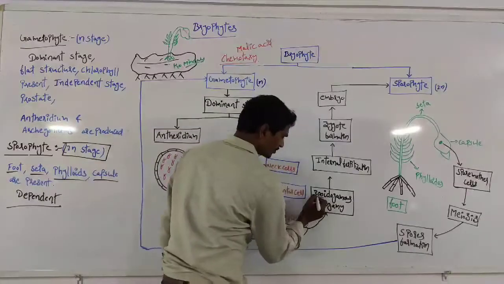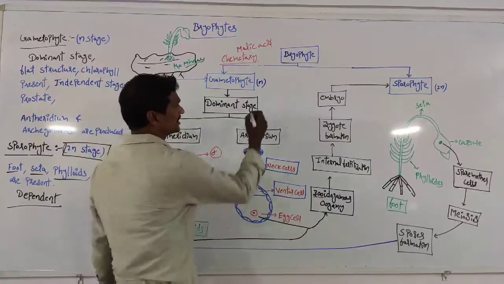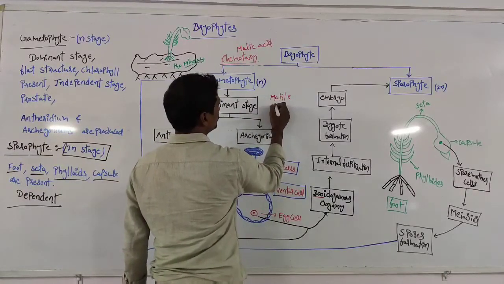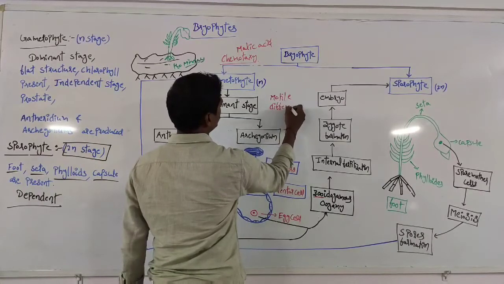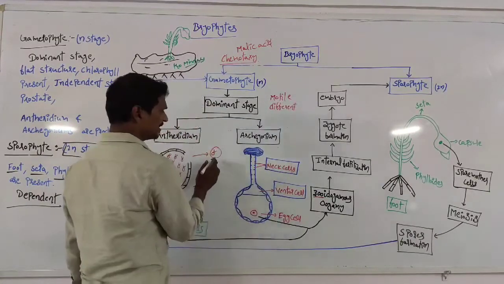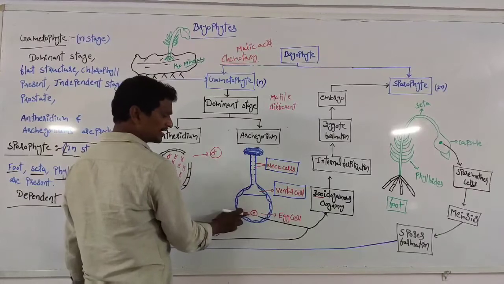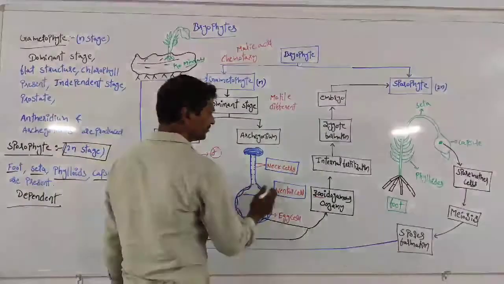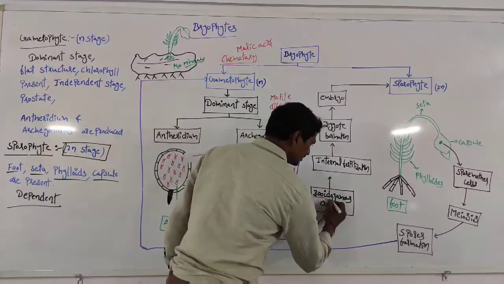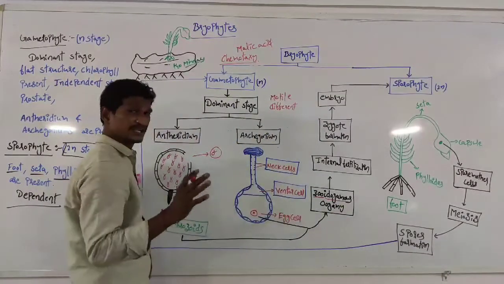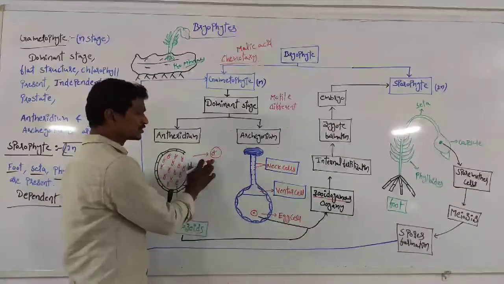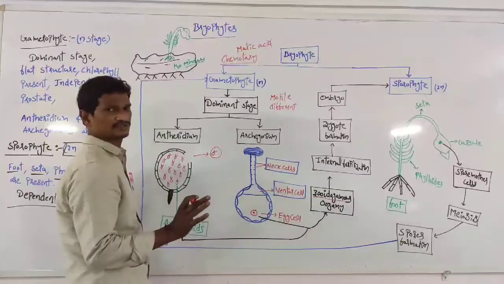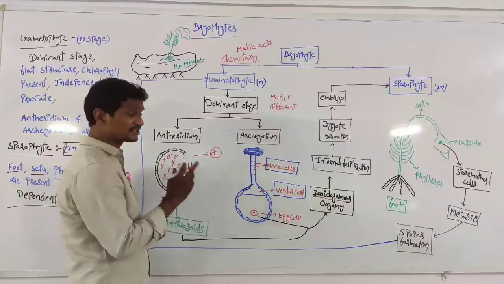See, there is a name given here. Zoo means motile. Zoo indicates motile. Hetero means different. The male gamete and the female gamete sizes are different. Always the male is small and the female is large. So in heterogamous, the gamete sizes are different.